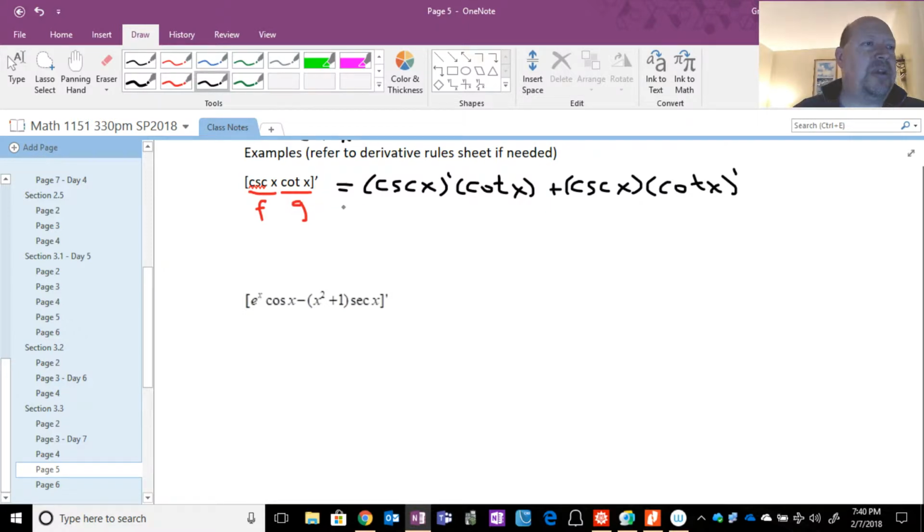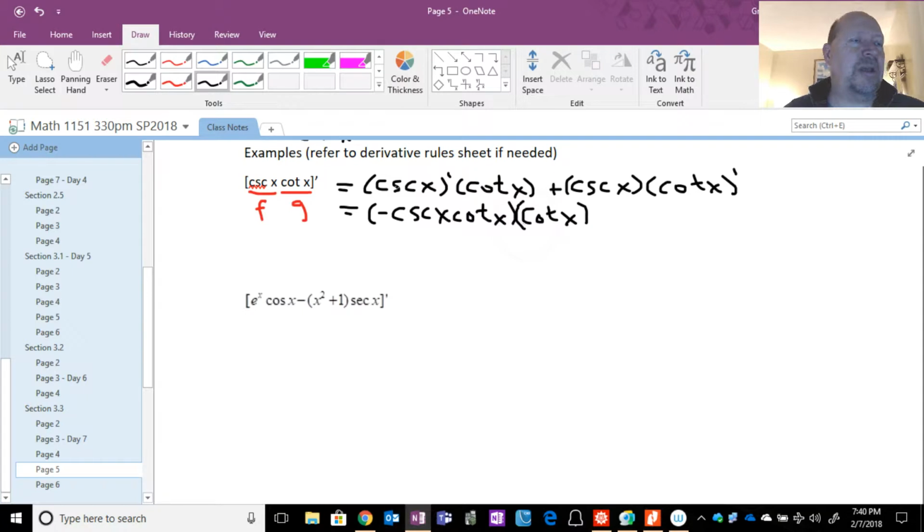And so now we just need to take a look at your derivative sheet for now, but you're going to have it memorized. The derivative of cosecant is negative cosecant cotangent. So this would be negative cosecant x cotangent x times cotangent x.